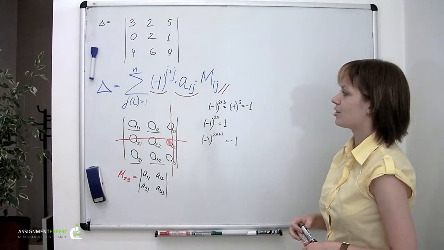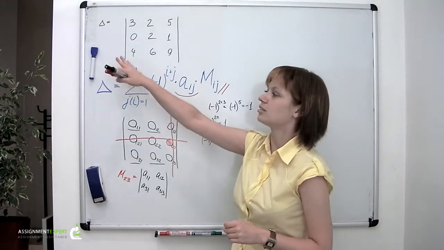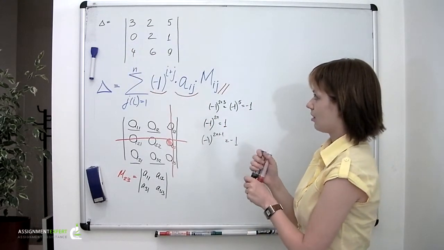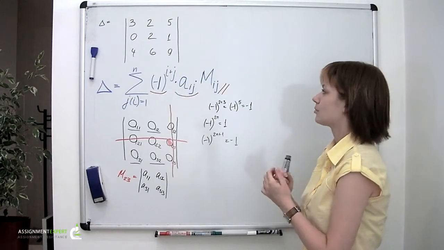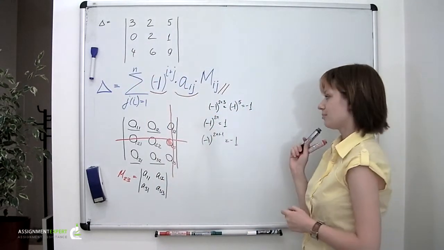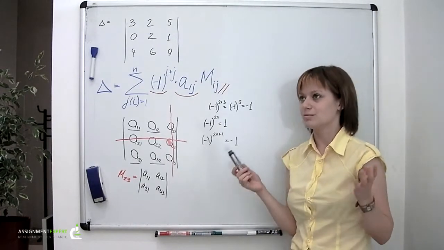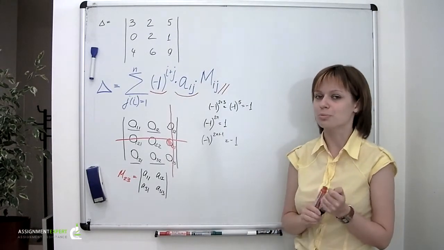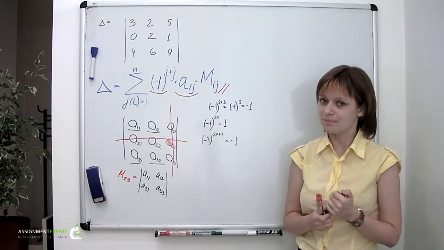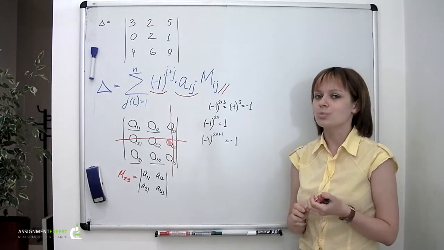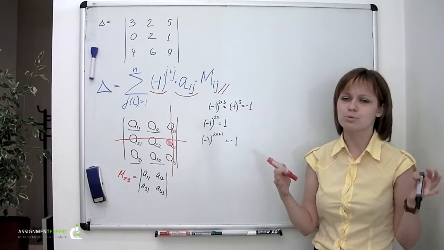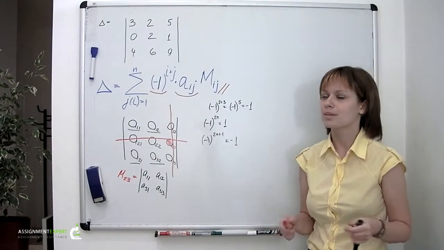Let's try and write down the sum for the real determinant. First of all, we should pick a row or a column. By the way, you might ask, which row or which column should we pick? Strictly speaking, it doesn't matter which line it would be, but it's always better to pick the one containing the least possible numerics, like zeros, ones, twos, or so.